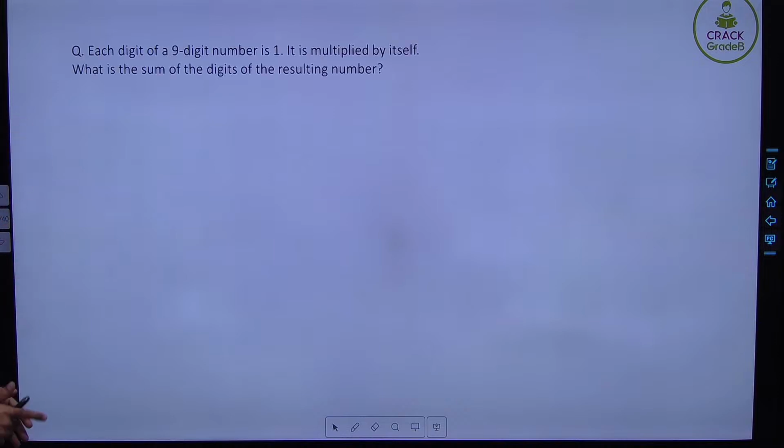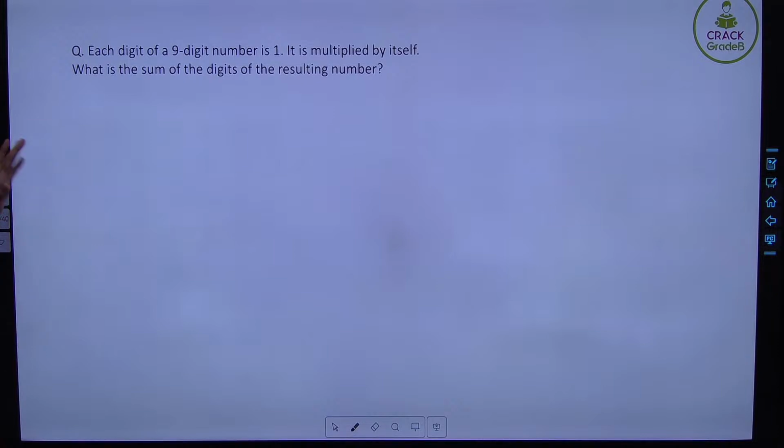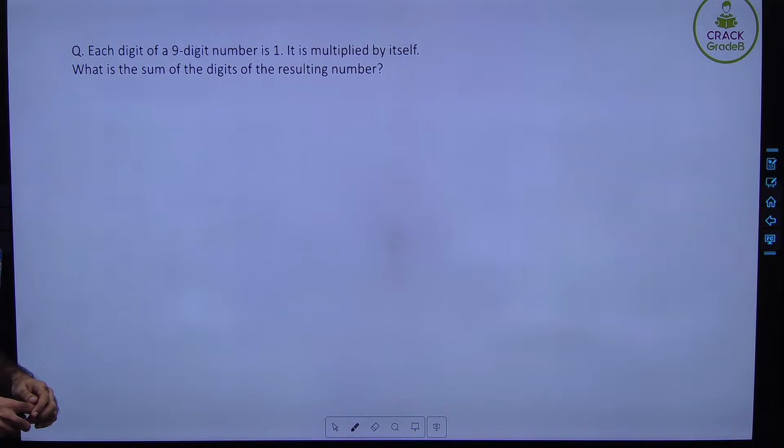Let us try to answer this question. This is a slightly different question. It is not related to those concepts. Each digit of a 9-digit number is 1, and it is multiplied by itself. Right?